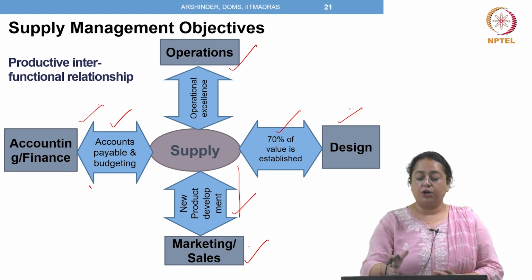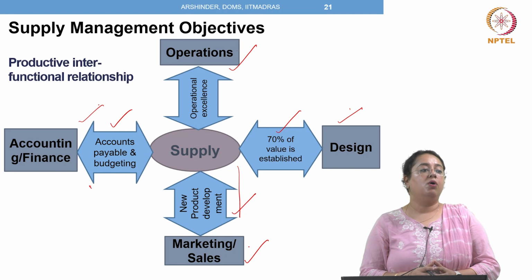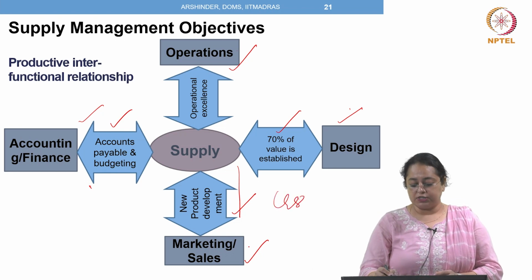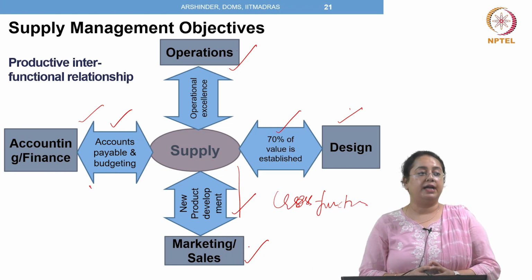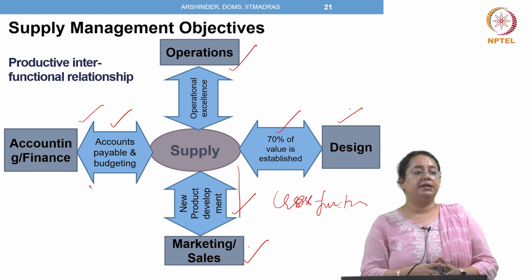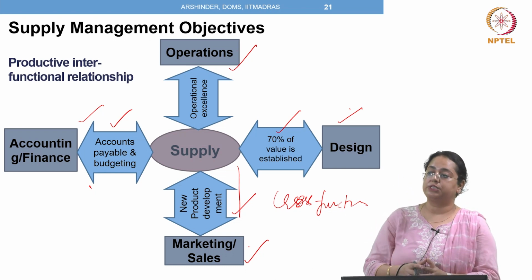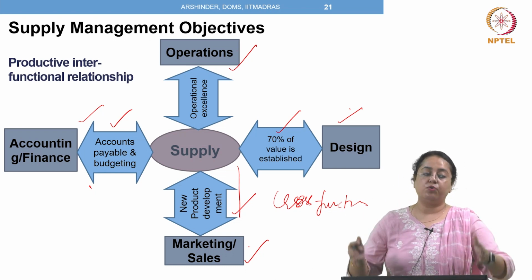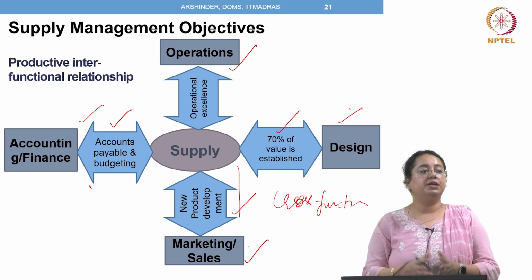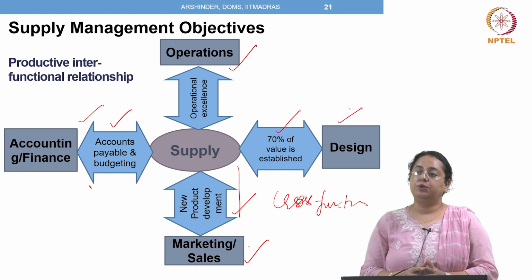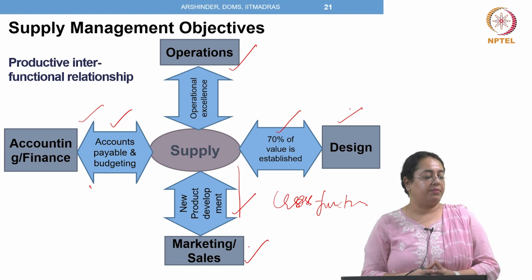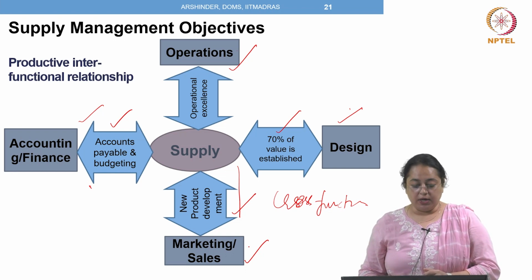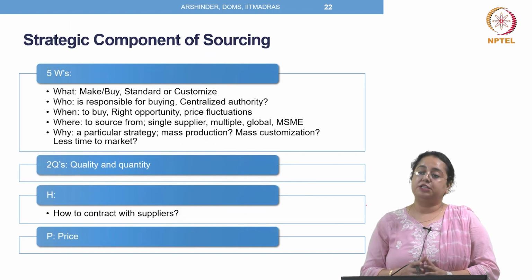And to run a good supply management show, one must form a cross functional team. So purchasing activities can be done, and procurement also to some extent, but when it comes to overall strategic sourcing, we need cross functional teams to handle all these decisions which we have just mentioned, right. So this is all about the supply management function.